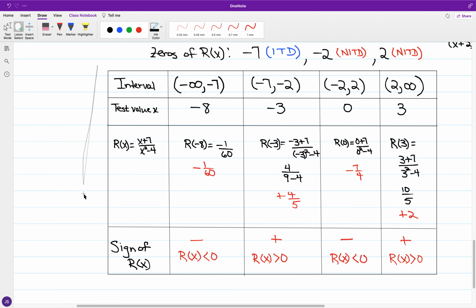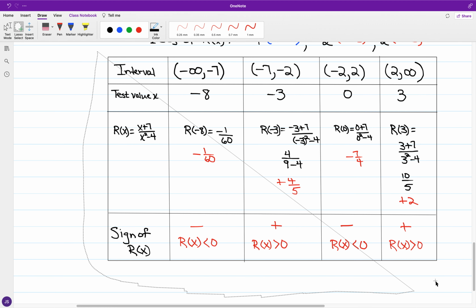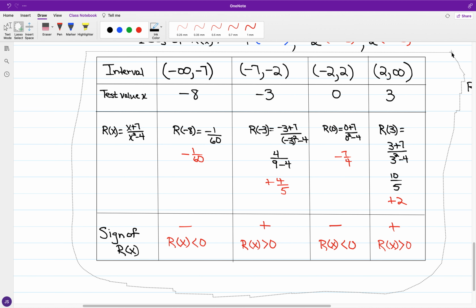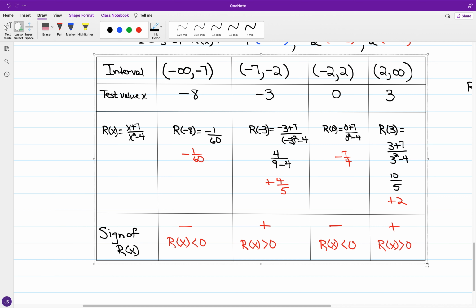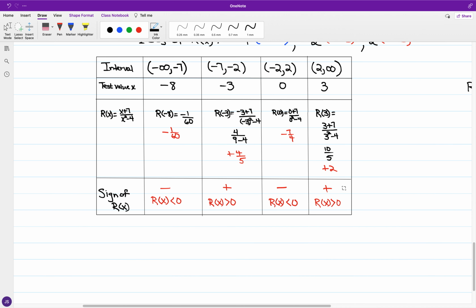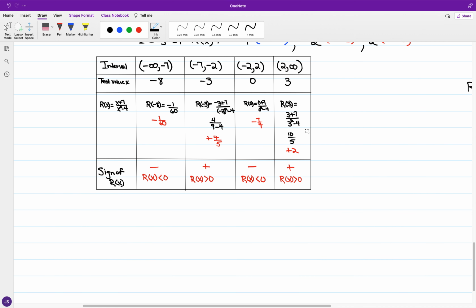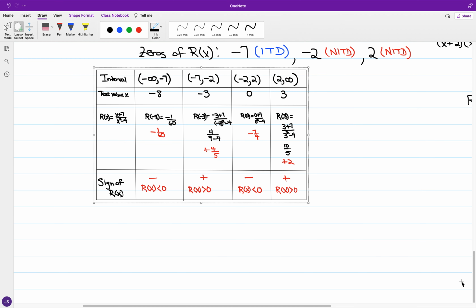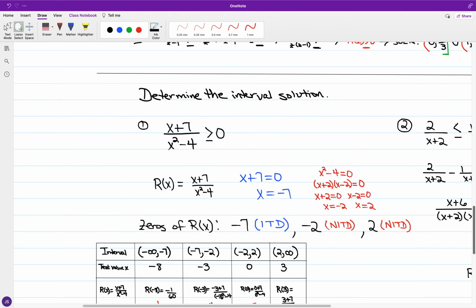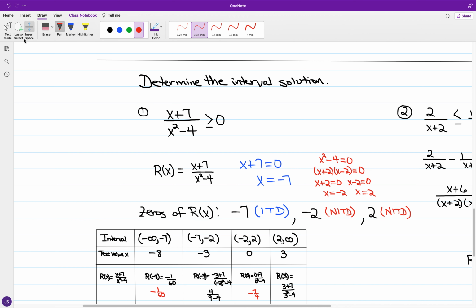And so for the results, relating back to the original inequality statement, we have x plus 7 over x squared minus 4 is greater than or equal to 0.